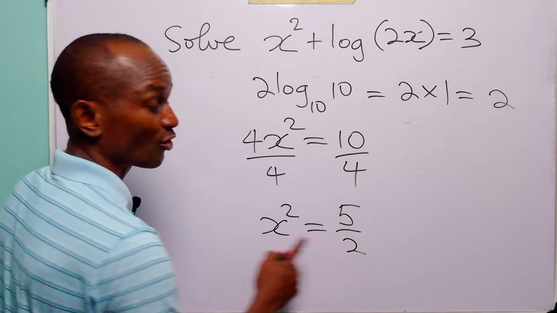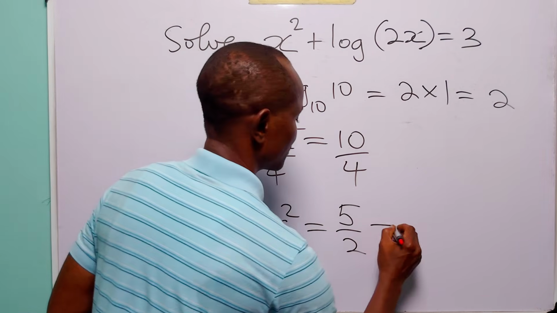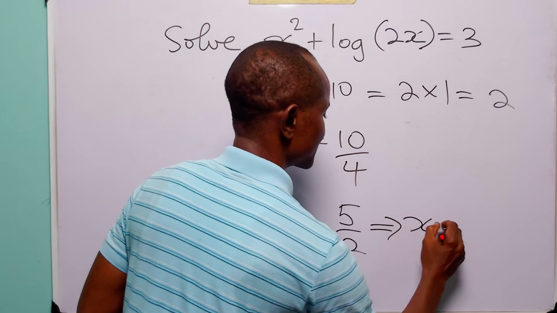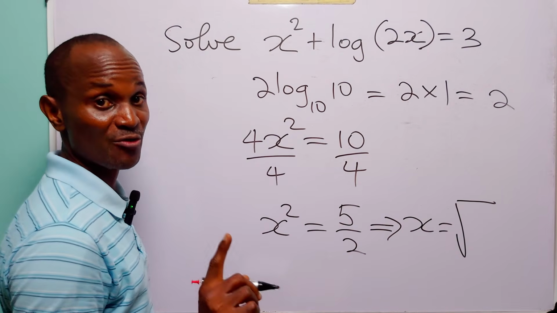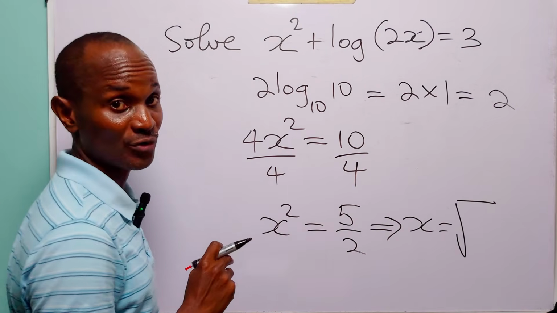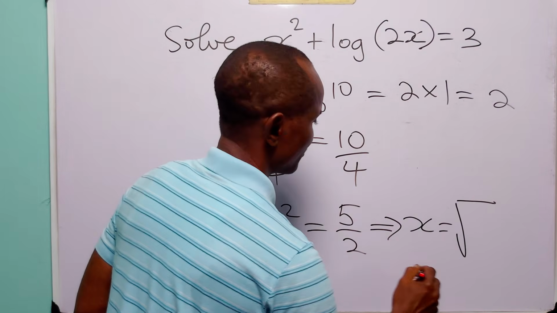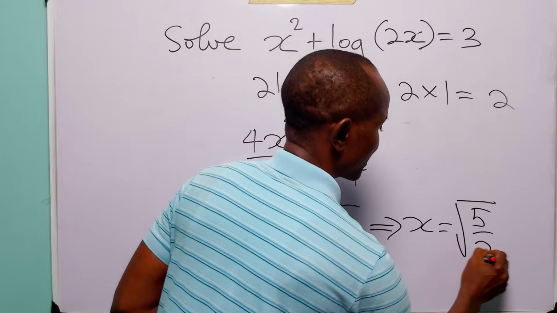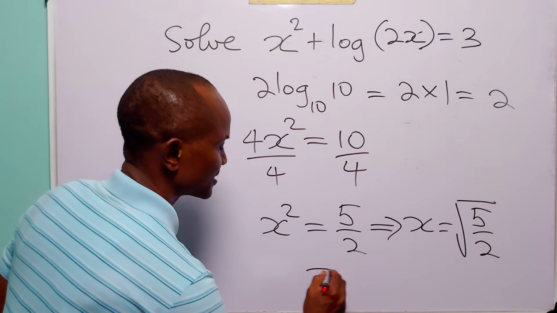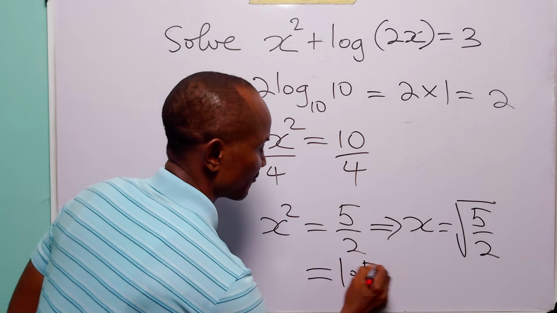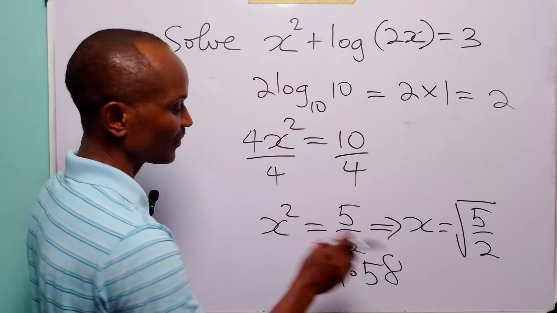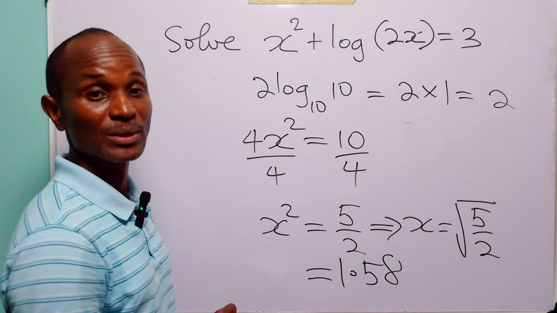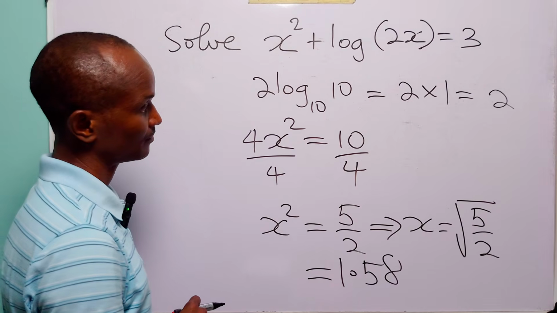And taking the square root of both sides of the equation, we have that x is equal to the positive square root, because remember we are dealing with logarithms, the positive square root of 5 over 2. And this is equal to 1.58. Exactly the same value that we calculated with the Lambert W function.